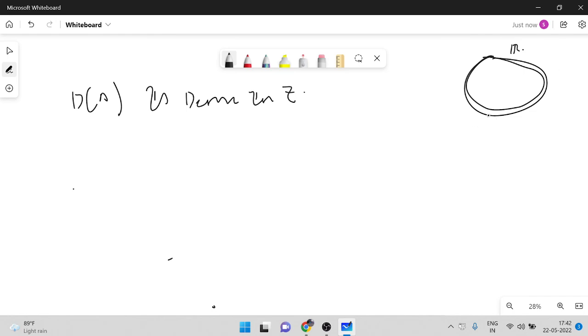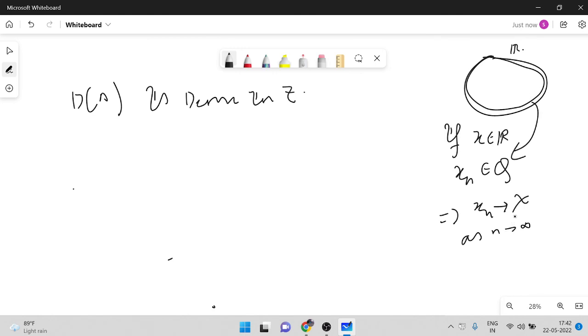Basically, if x belongs to R, there exists a sequence x_n in the rational numbers such that x_n goes to x as n tends to infinity. So any real number can be approximated with the accuracy that you desire by rational numbers.